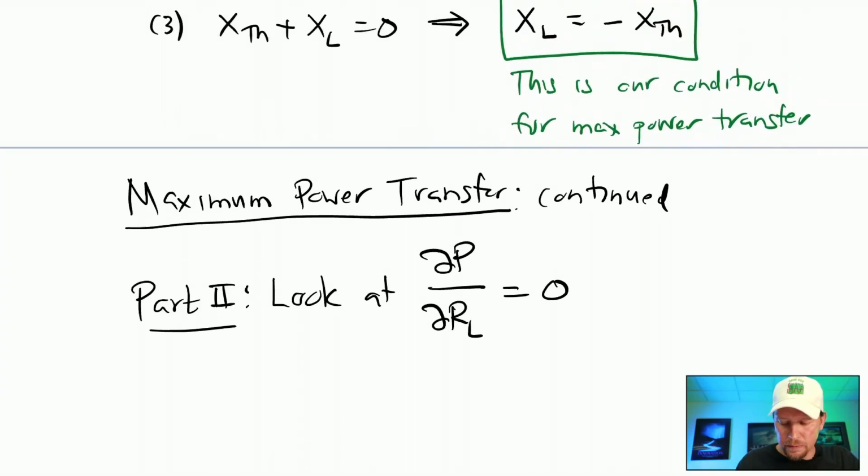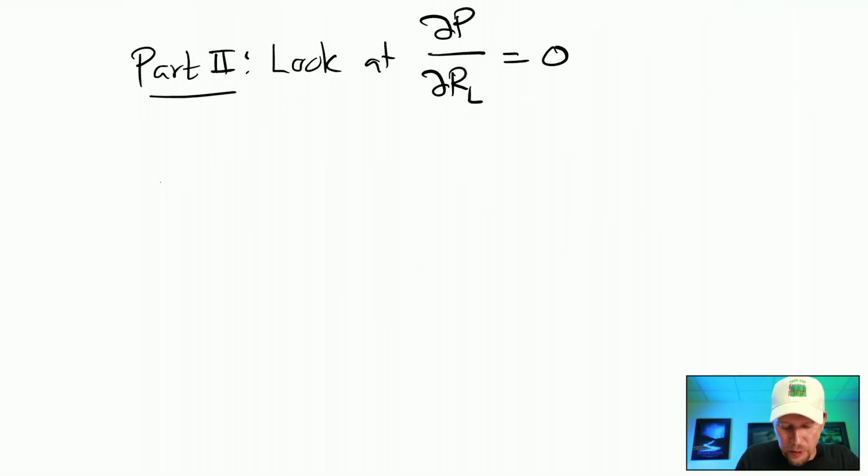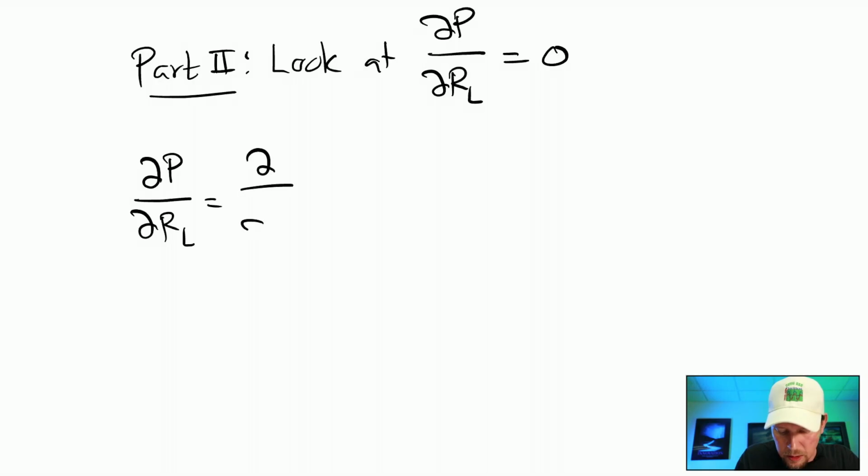Now, the power equation was quite a large one, and I'm going to reproduce it here. So it's the partial of the power with respect to the load resistance. I'm going to take the partial with respect to the load resistance of, and brace yourselves, it's a beast.